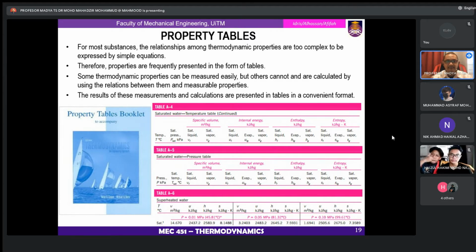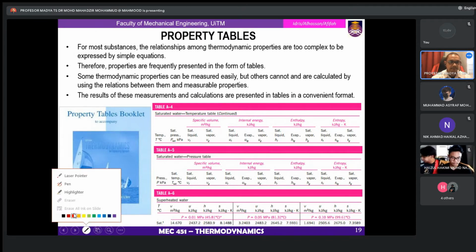Some thermodynamic properties can be easily measured, but others cannot and are calculated using the relations between them and measurable properties. The results of these measurements and calculations are presented in tables in a convenient format.